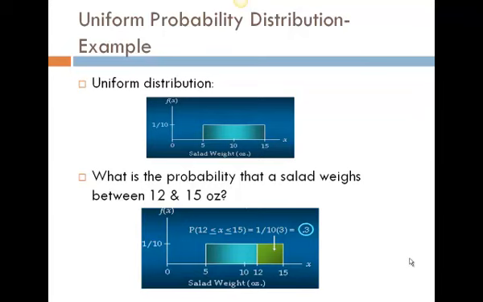So the way we can look at this to find your actual probability is that 1/10 times the difference between the maximum of your range and the minimum of your range. So 15 minus 12 is 3. So my interval is 3, and I'm going to multiply that by the probability of 1/10, and I'm going to get a probability of 30%. So the probability that my salad will be between 12 and 15 ounces is 30%.